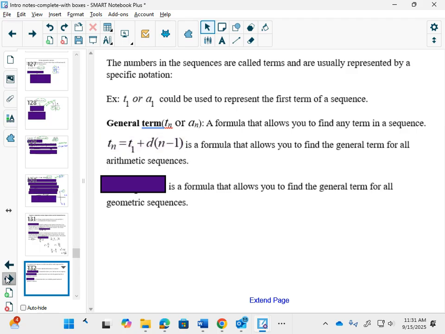So with an arithmetic one, we had the following formula. And you can create this formula for both of these quite easily.